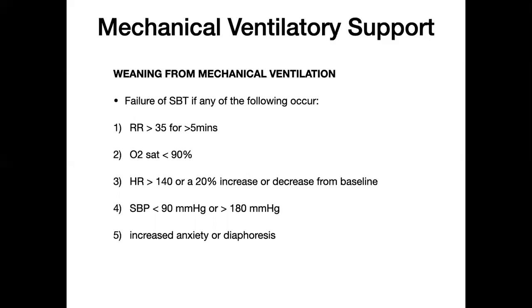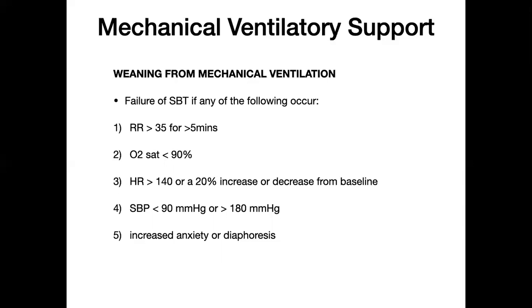In your attempt at weaning, you may not be successful. If you notice the following parameters, failure of the spontaneous breathing trial is likely: if the respiratory rate is more than 35 cycles per minute for more than 5 minutes, if the saturation drops below 90%, if the heart rate is more than 140 or has a 20% increase or decrease from baseline, the patient is having a hard time weaning from the ventilator.